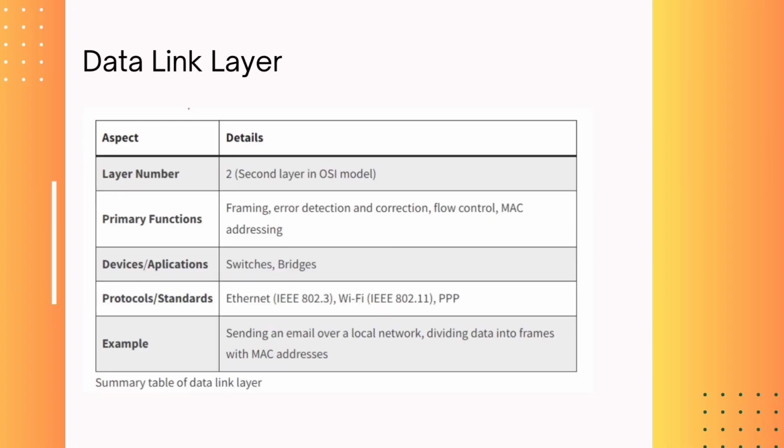The basic protocols which work on the data link layer are Ethernet and Wi-Fi. Ethernet is actually a local area network technology, and similarly Wi-Fi is the protocol IEEE 802.11, which works there. And similarly there is the point-to-point protocol.